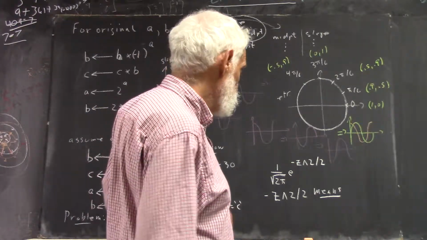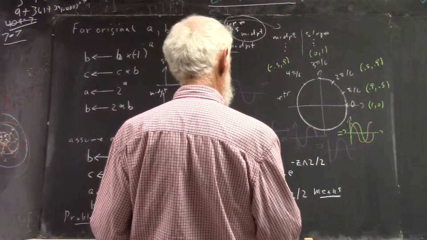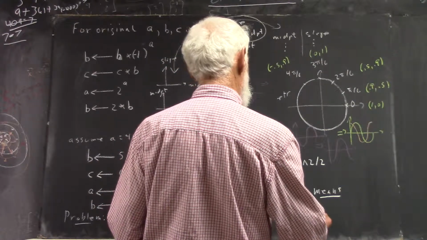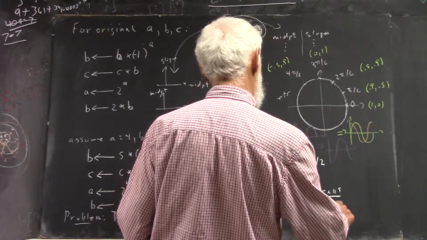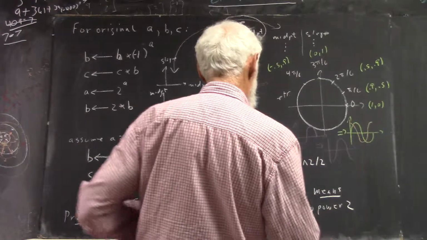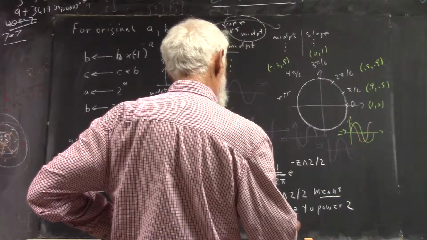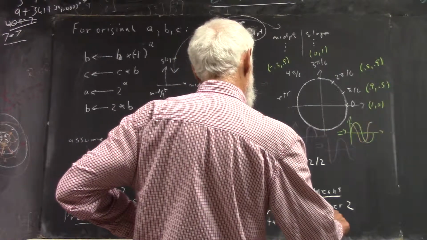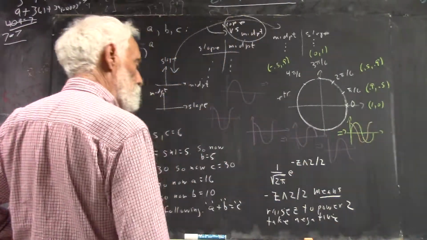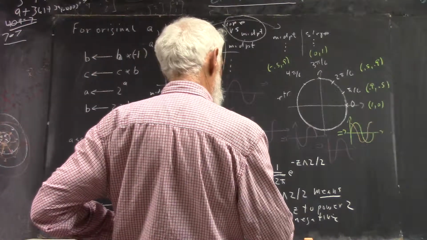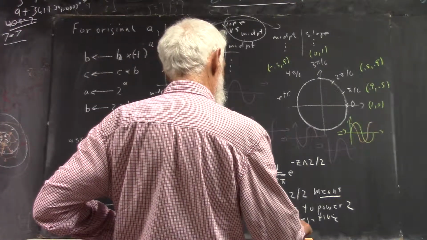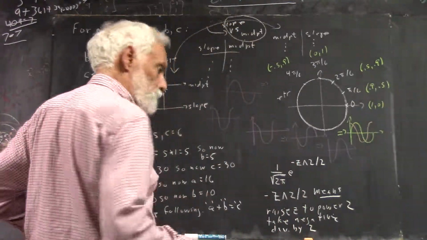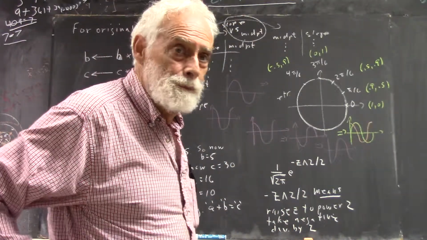So this means raise z to the power 2, take the negative, and divide by 2. Make sense?